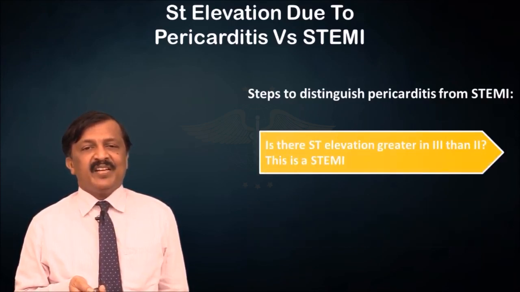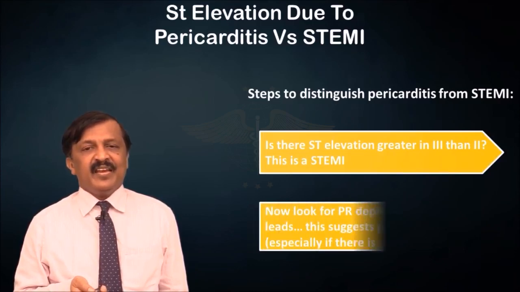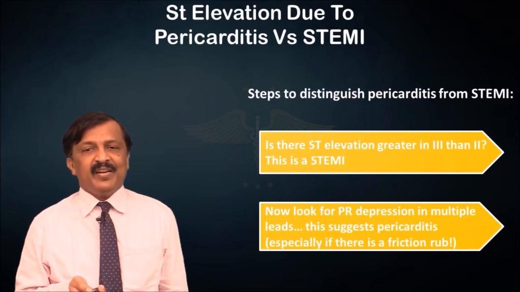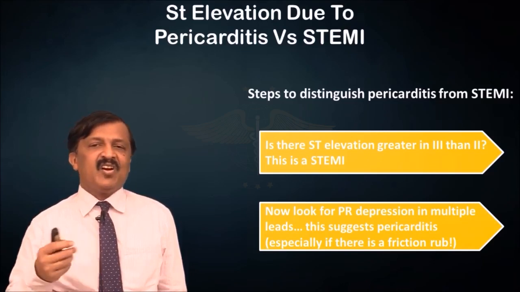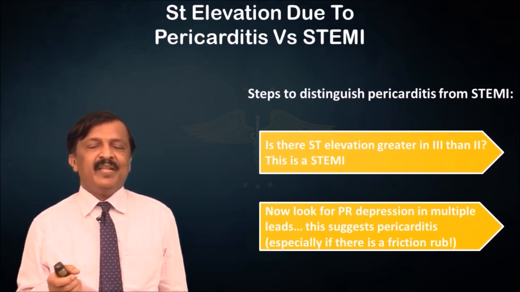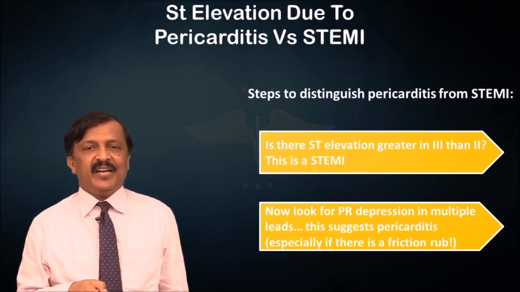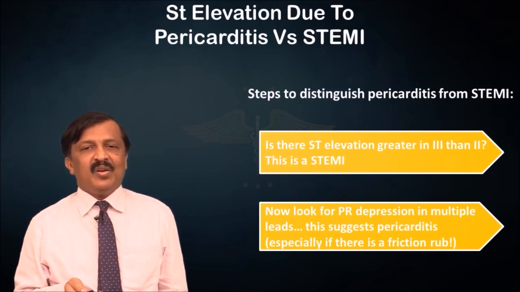If the ST elevation is greater in lead III compared to lead II, then it is STEMI. Then you look for PR depression in multiple leads. This will suggest pericarditis. So ST elevation is convex up in ST elevation MI and concave up in pericarditis, and you have to watch for PR segment depression, which will also give a clue.